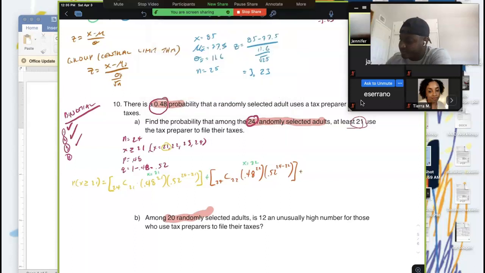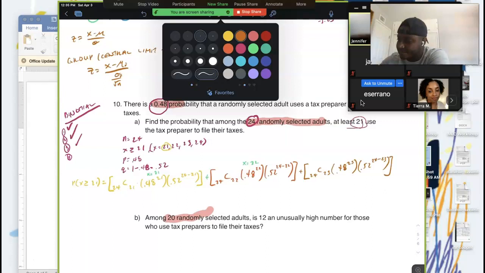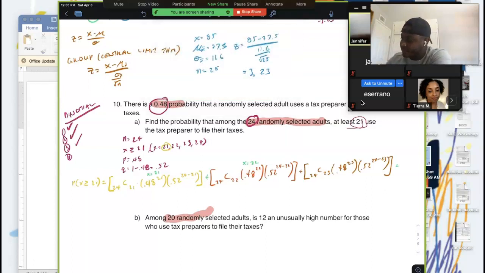Then 24 choose 23, 0.48 to the 23rd, 0.52 to the 24 minus 23. And that's when x is equal to 23.